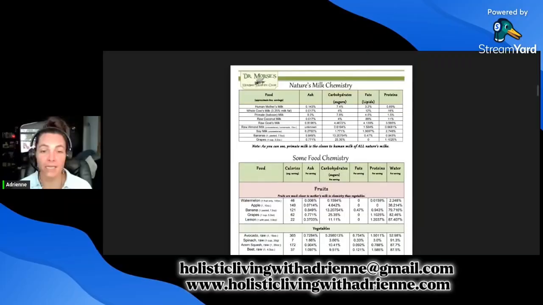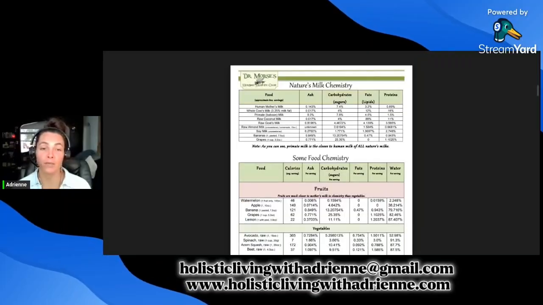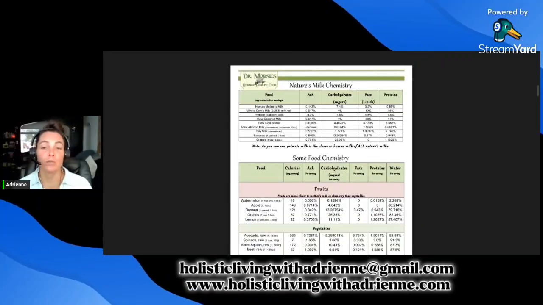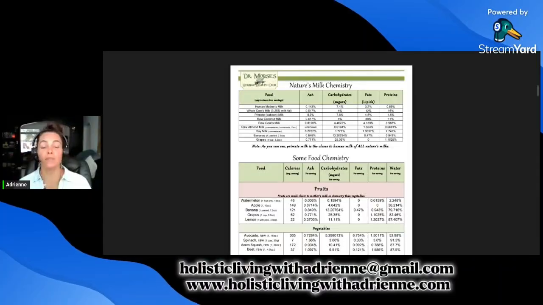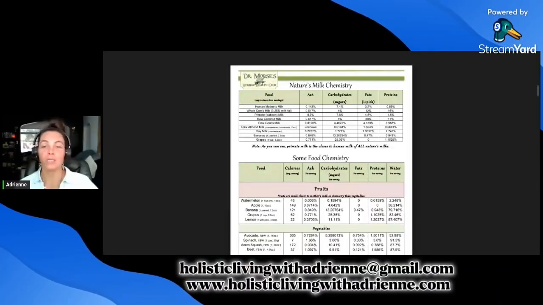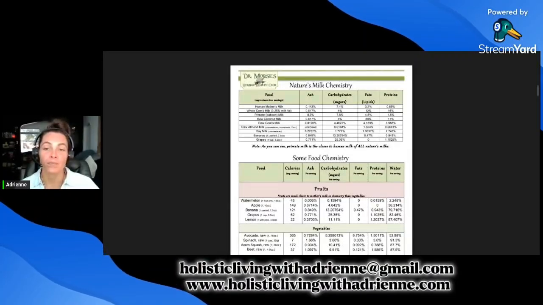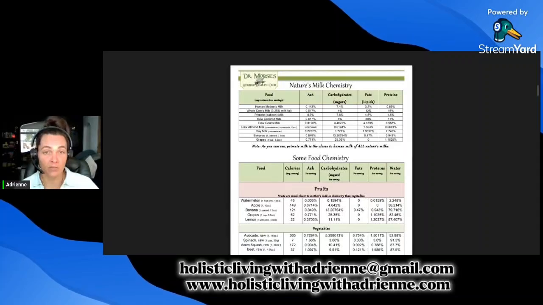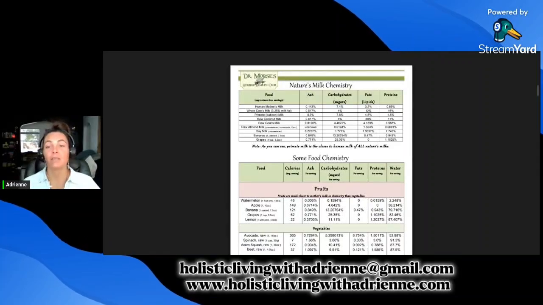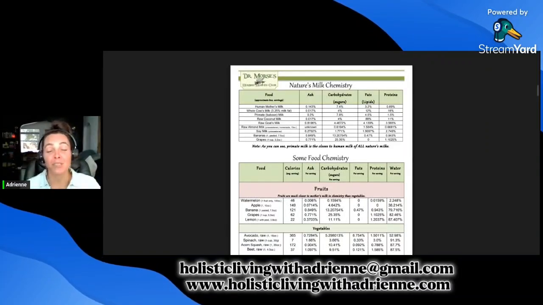All right, so moving down, we have whole cow's milk. Okay, so the carbohydrates in cow's milk, think about a baby cow, 4% carbohydrates. The fats are 12%, so it's lipid based, and the proteins are 16%.